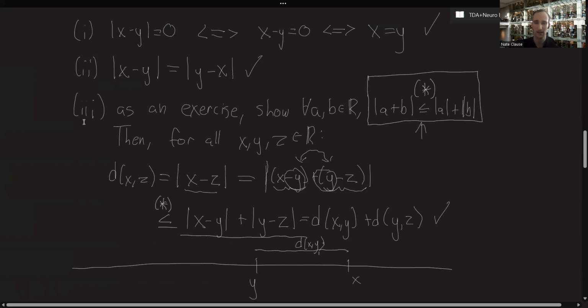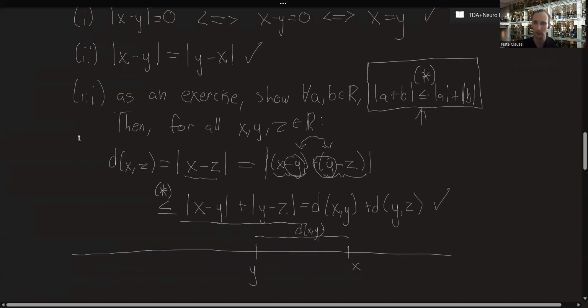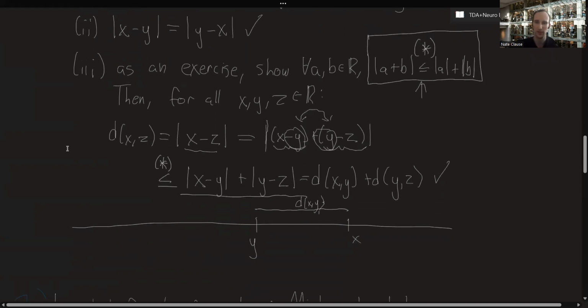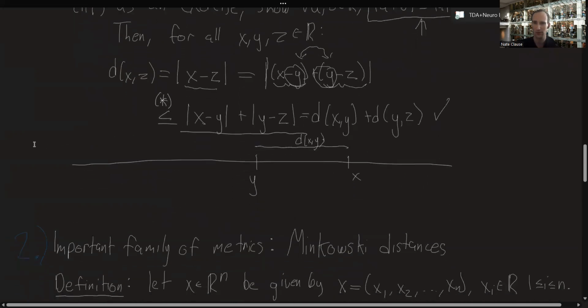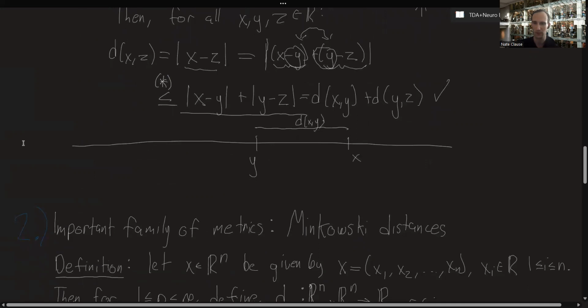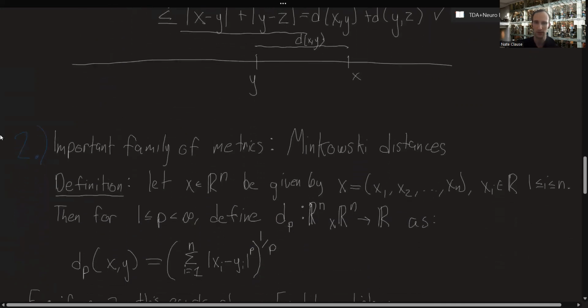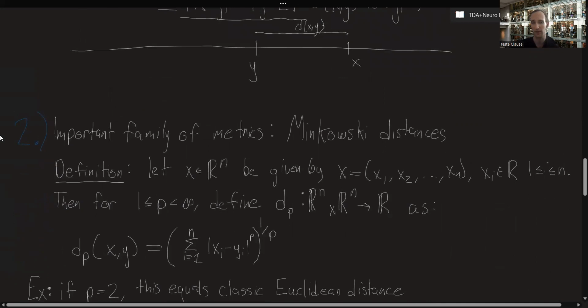This is a special case of a more broad class of metric spaces, which is very core to really just the study of metric spaces in general, which is actually a family of metric spaces, being the Minkowski distances on Euclidean space.